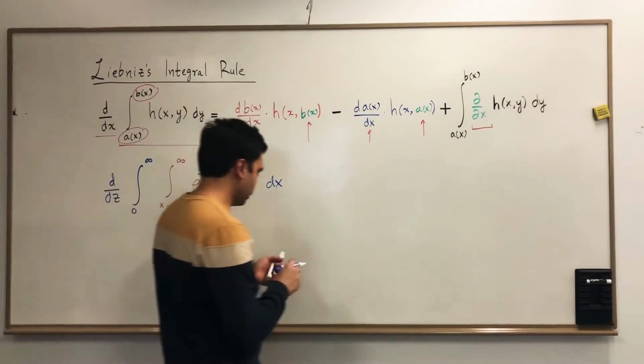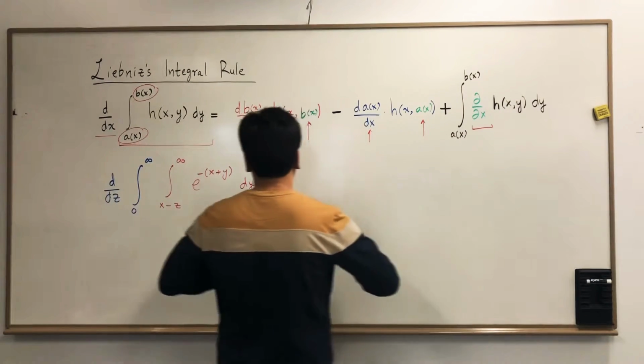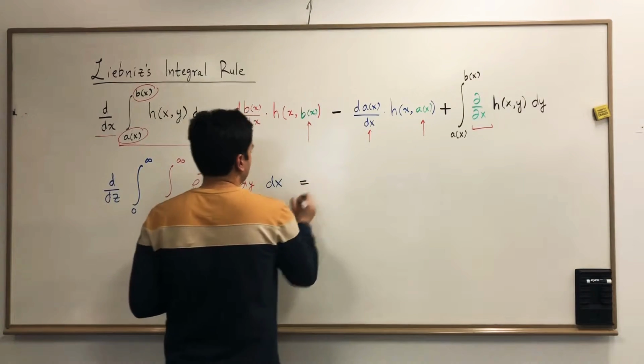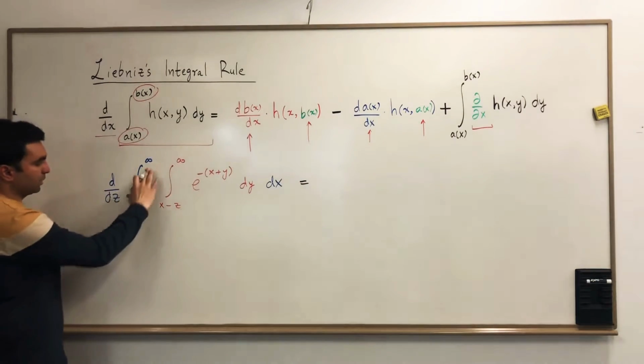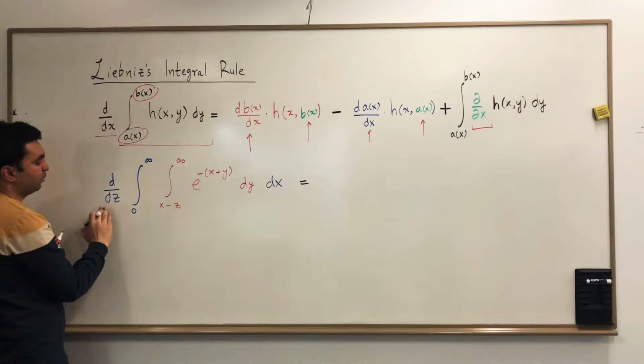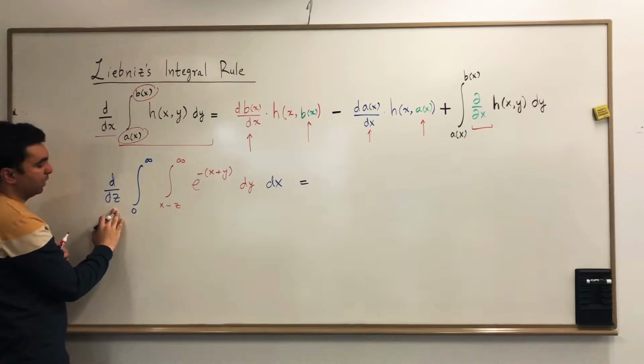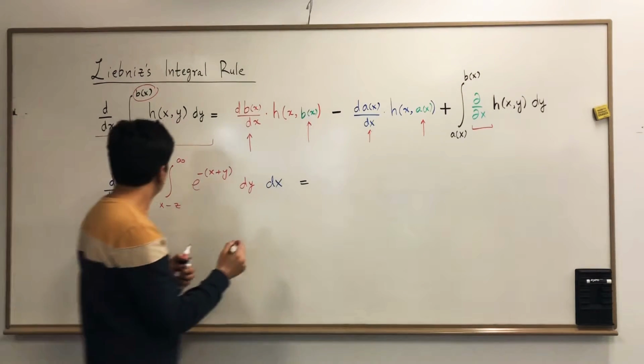If you follow this rule that we have just written, notice that the limits of the outer integral are constant. So we can move this differential one step inside without any problem.